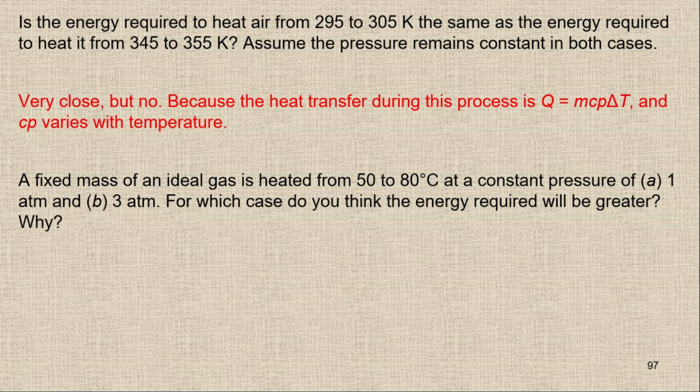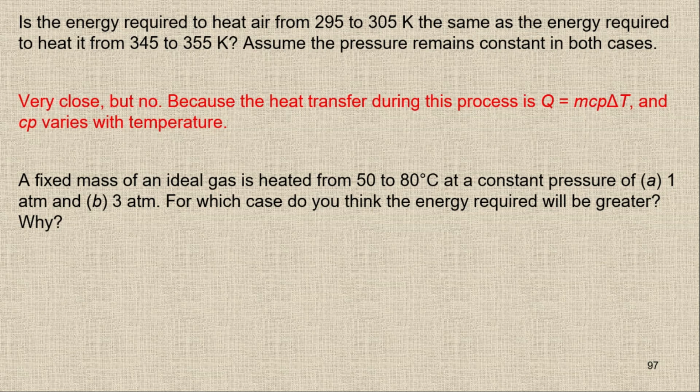Now, as we know, we have the 50 to 80 degrees Celsius change in the temperature. So it's basically sensible heat because the temperature is going to change. So the amount of heat will be Q equal to mCp delta T because we have the constant pressure. Remember that the Cp doesn't depend on the pressure. The Cp is basically dependent on the temperature.